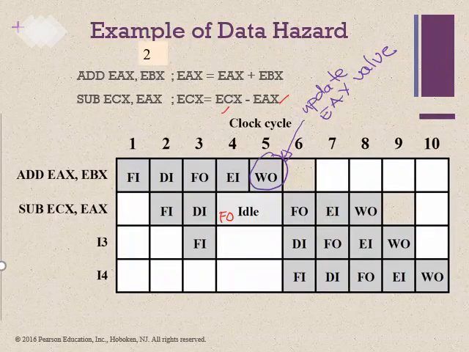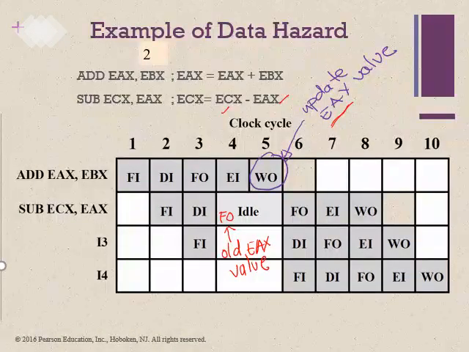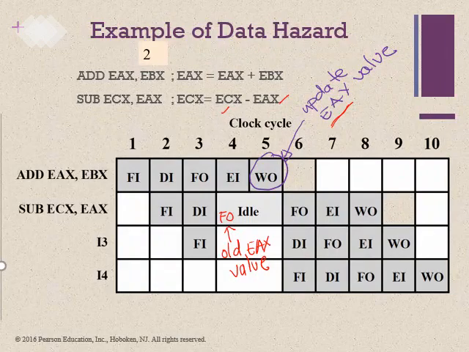But because you're doing it in parallel, right? If you go and get EAX, it will not be the latest EAX value because it only happens after clock 5. So here, if you do it, you will get the old EAX value. So this is where data hazard happens.